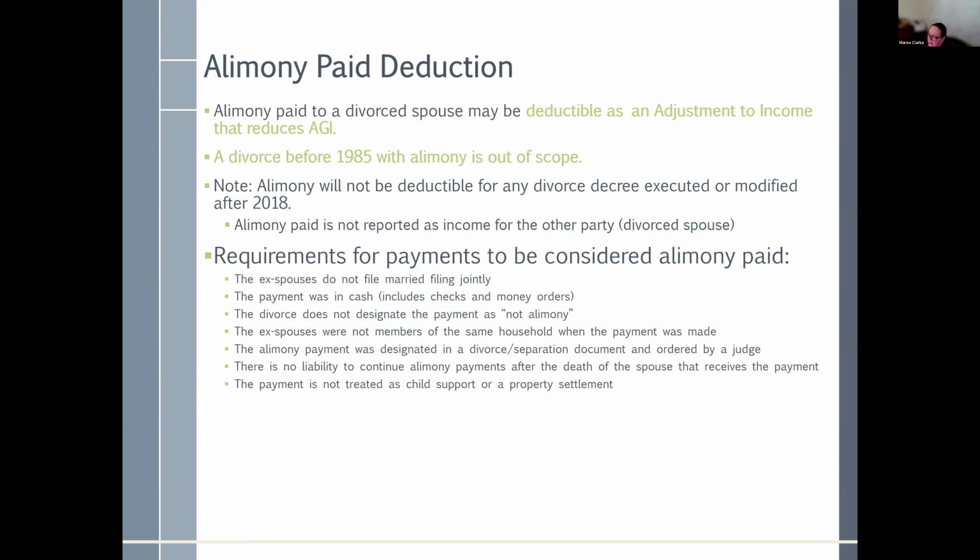This is not an area that had any significant OB3 changes, and you can look through those criteria and make sure, does it meet the eligibility criteria to be considered alimony? Can that person deduct it as an adjustment to income on their tax return?